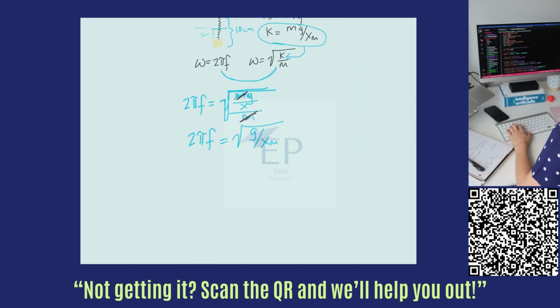And then taking that even further, we get frequency equals the square root of gravity divided by amplitude, divided by 2 pi. And when we substitute in our known values, we have the square root of 9.8. Again, we're going from the point of equilibrium, so we're going to use our amplitude, 0.05, all of that divided by 2 pi, and we get that our frequency equals 2.23 hertz.